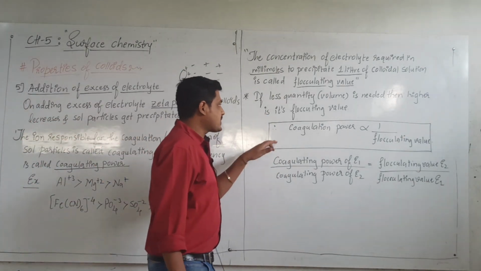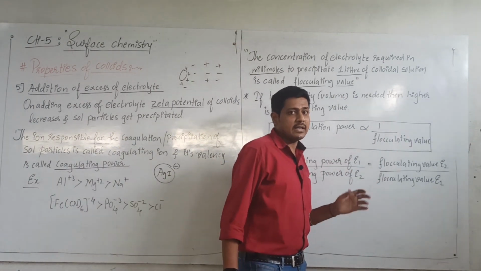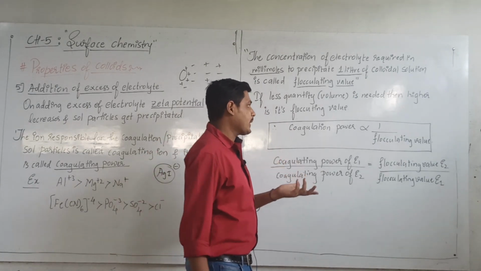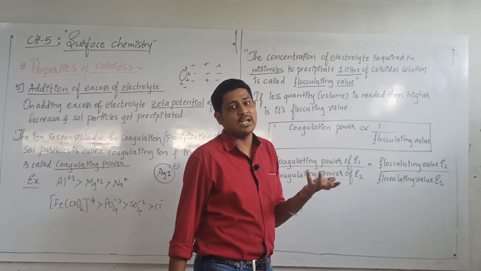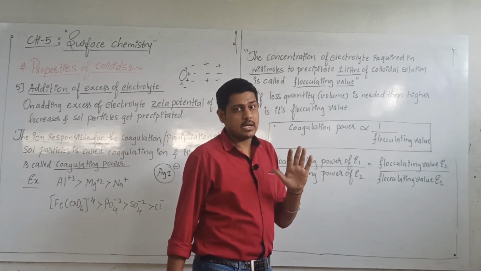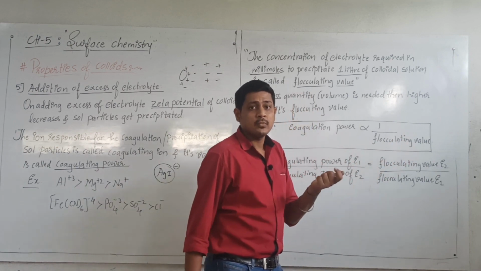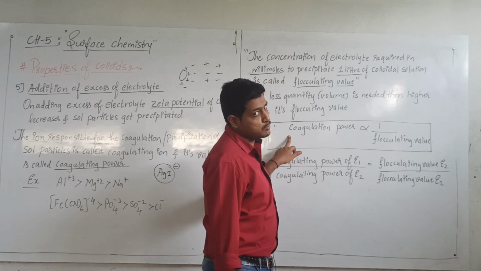So this is the meaning, that is coagulation power is inversely proportional to the flocculating value. In competitive examinations they will confuse you by giving the flocculating value, and they will ask you which has a higher coagulation power. They will give you the flocculating value and ask whose coagulation or precipitation power is more.